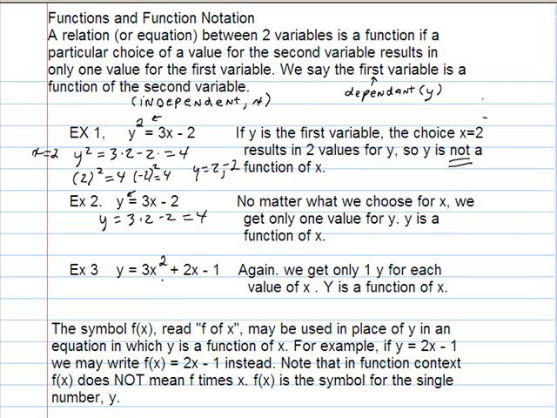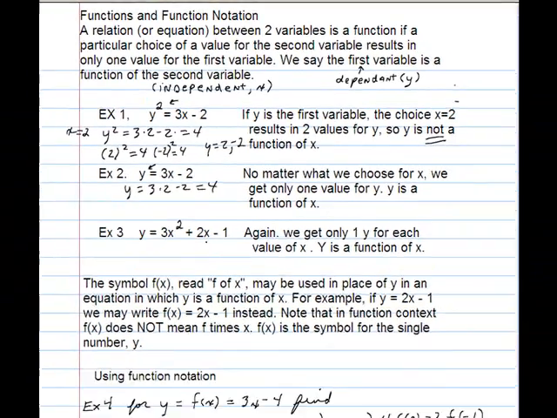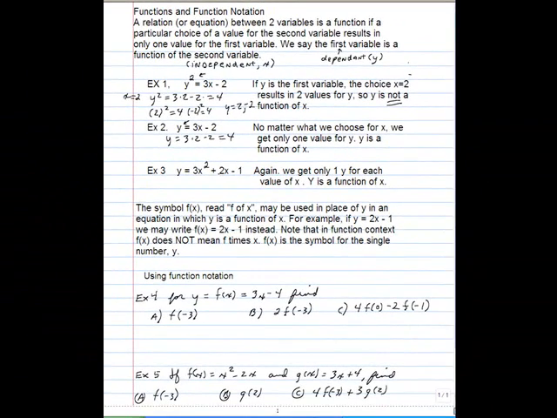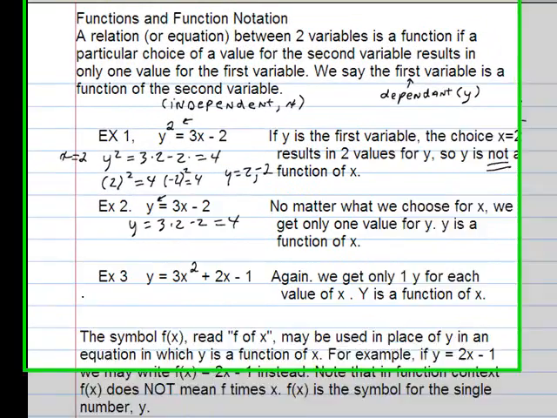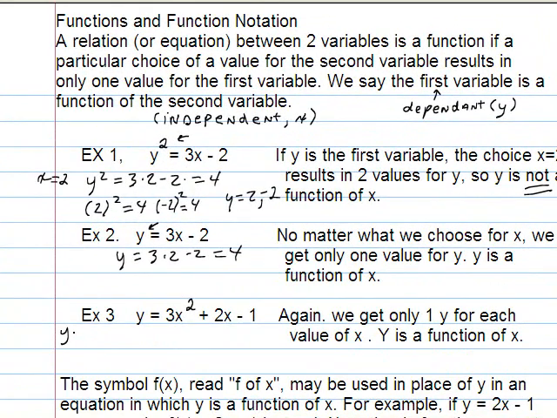Well, what about squaring x? What if we had this example 3 for our problem? y equals 3x squared plus 2x minus 1. Would y be a function of x? Well, the way to test it again is to pick a number for x. So I'm going to pick x equals 2 again, and see how many numbers we get for y. y equals 3 times 2 squared plus 2 times 2, minus 1.